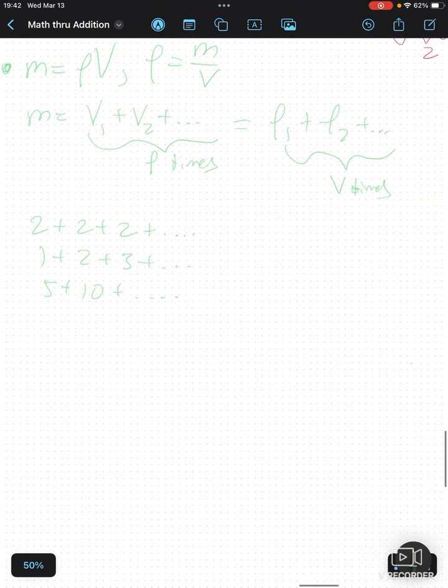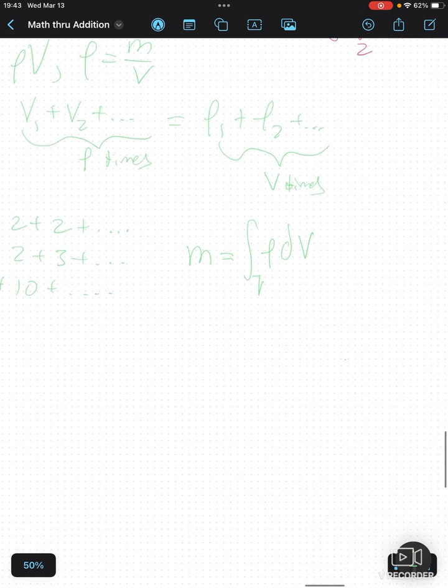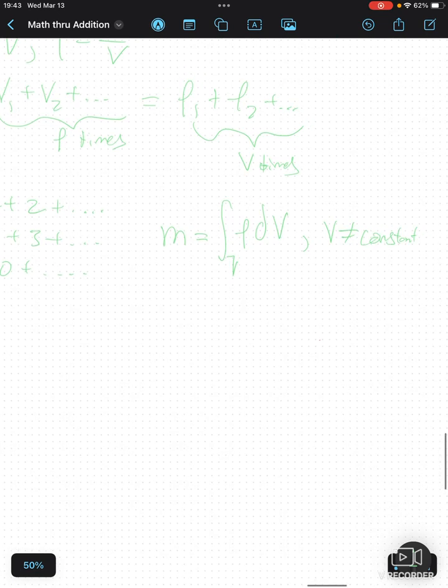Well, that is when we can go into calculus, if you will, and we see something called the density integrated over this entire volume, dV, where V is not constant. But, of course, if V was constant, then we'd see it's rho times V, where V is a constant.